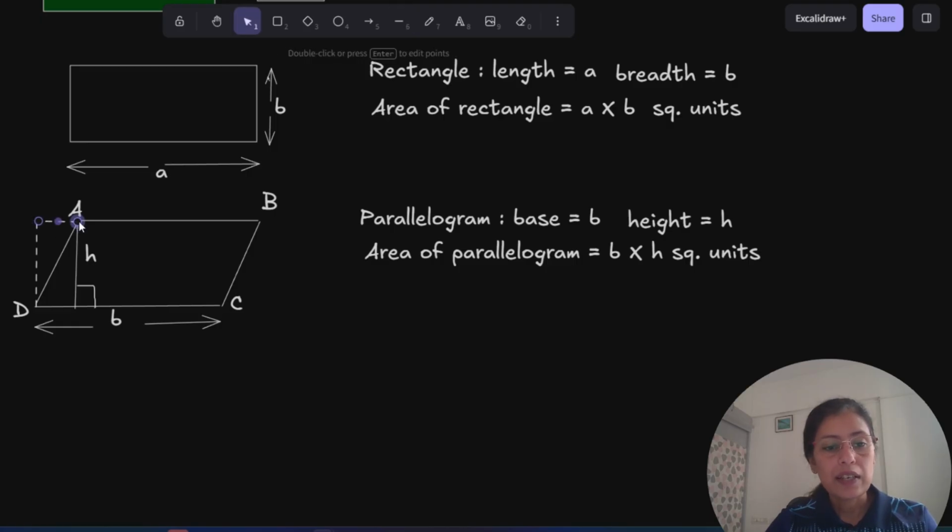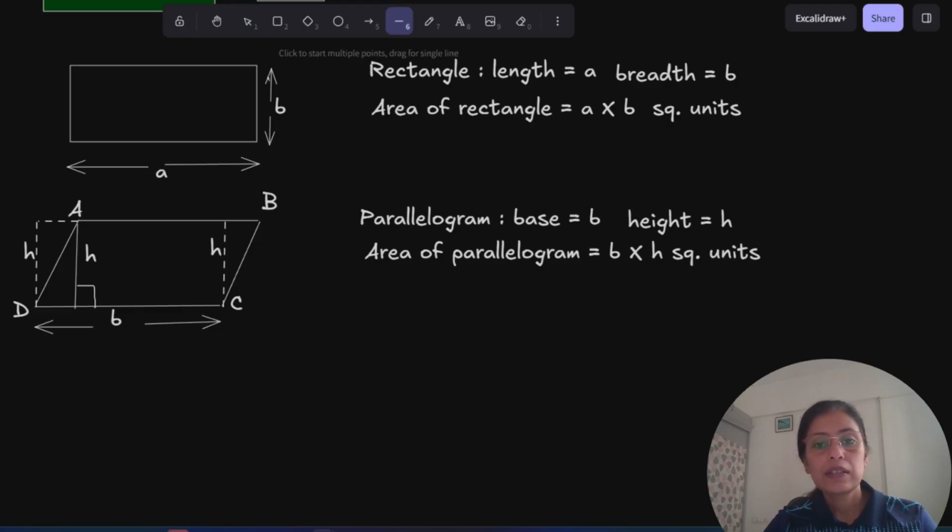And I extend this AB. Okay, now similarly I draw a perpendicular line from C to the base AB. Now from the figure you can see very clearly, this is also H. This is also H.